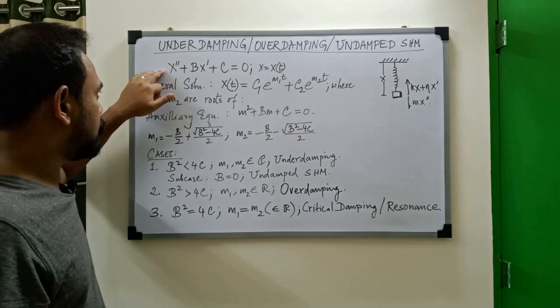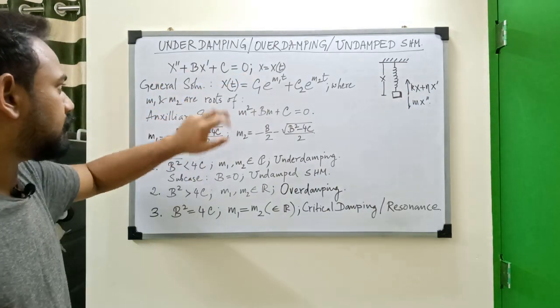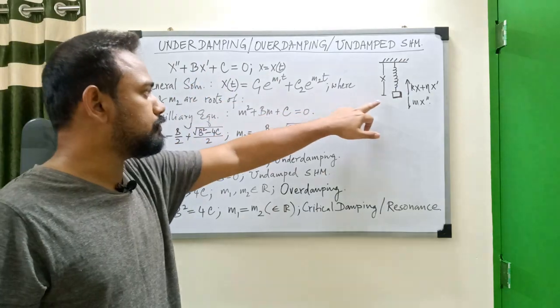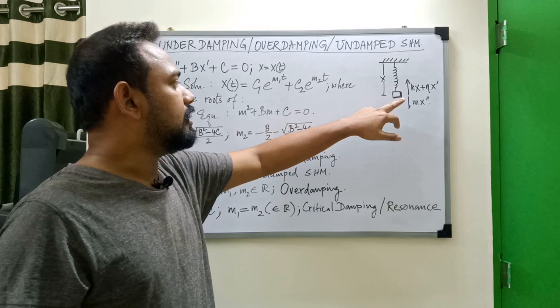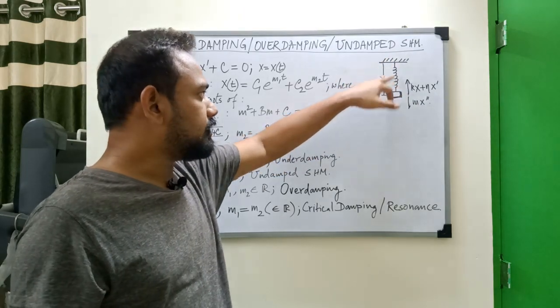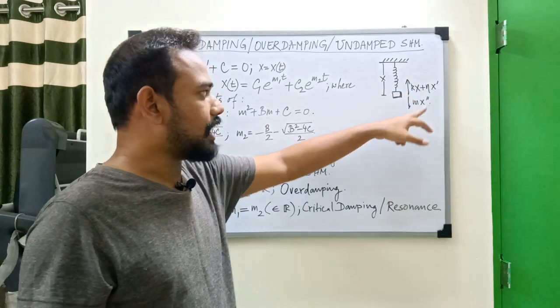This is the differential equation with zero input, or no external force whatsoever. Just to remind all of you, this is modeled on this problem where you have suspended a mass from the ceiling by a spring, and all of these are the forces acting on it.